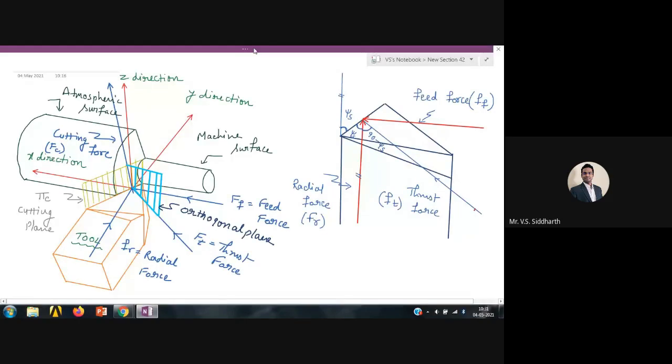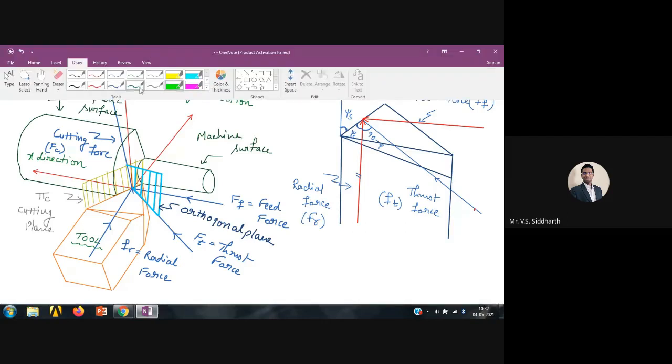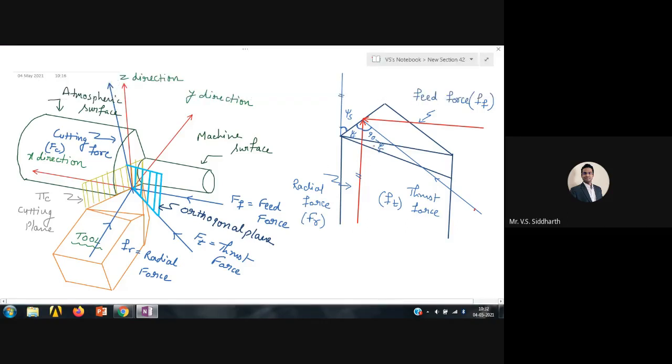Now, this overall angle is 90 degrees. This angle you already know. What will be this angle? Psi s. Very good. Clear? How did we come to that as psi s? Directly writing psi s here would not have helped you understand. But now you understood how we got that psi s.